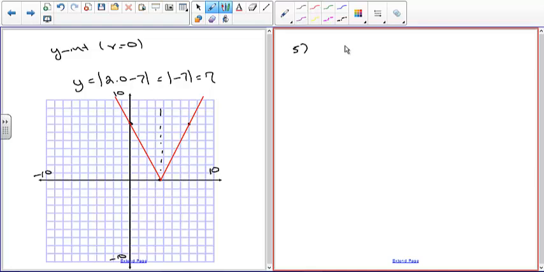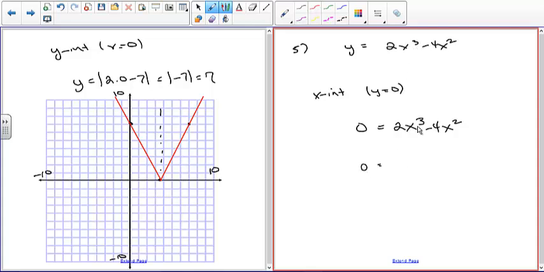Okay, number 5, y equals 2x cubed minus 4x squared. So again, the x-intercept is when y equals 0. So you set the left-hand side equal to 0. And in this case, you would use some kind of factoring because we have a third-order equation.